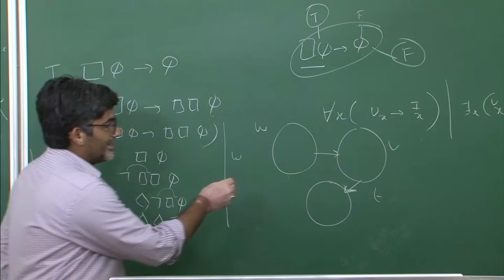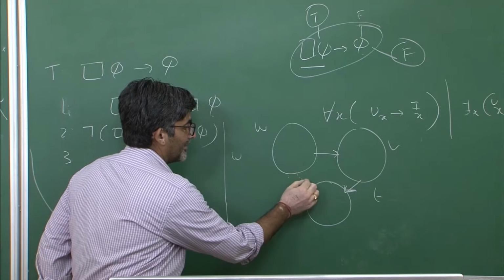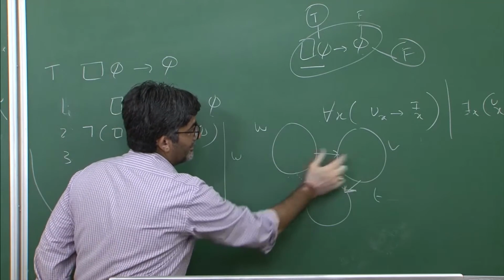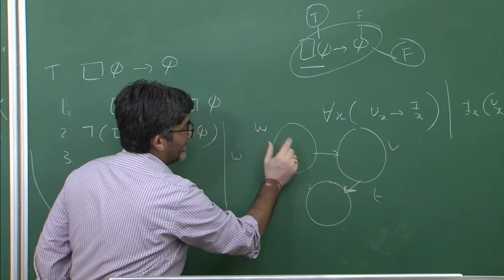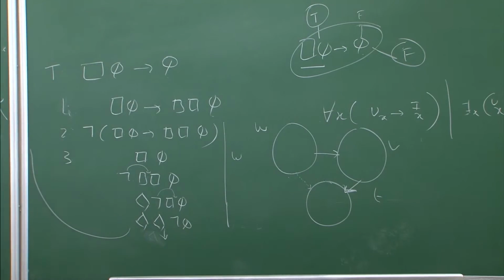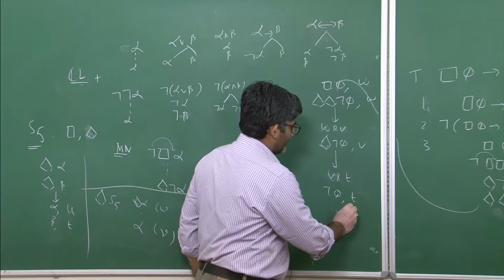The transitivity relation is this one, which I am drawing like this. If W is accessible to V and V is accessible to T, and W has to be accessible to T, then that is considered to be the transitivity property. If there is no transitive property, this branch will remain open.